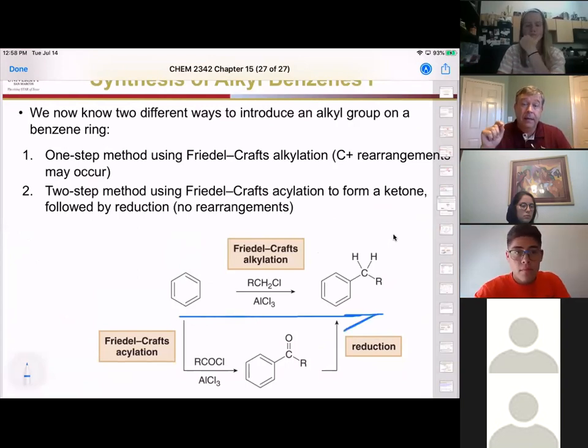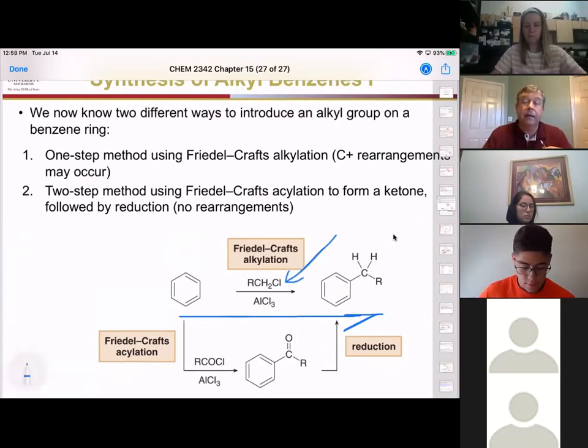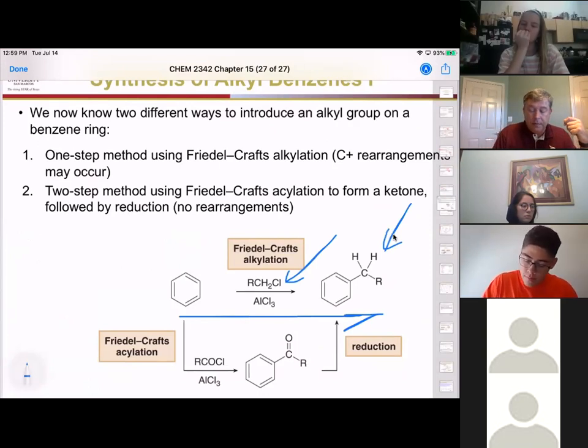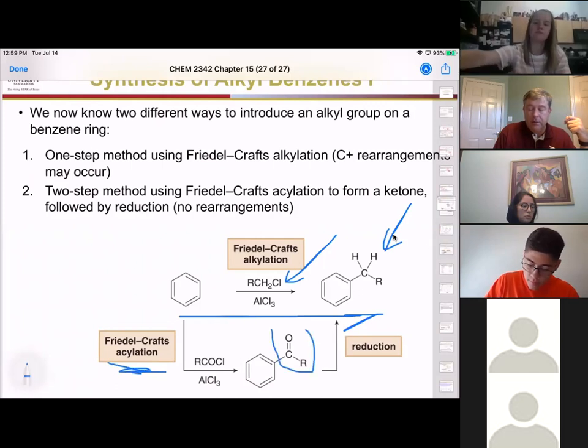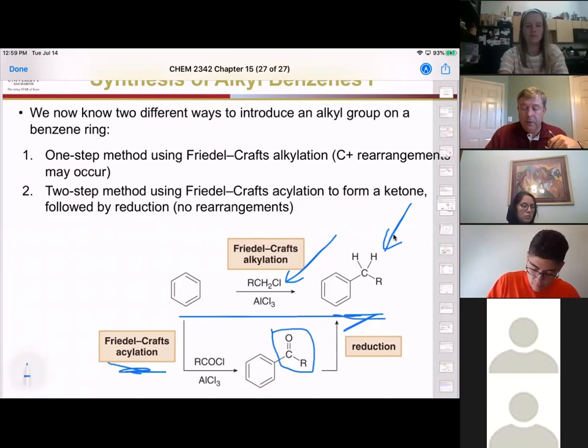However, if you have a substrate that can rearrange to form a secondary or tertiary carbocation, you will not form this as your major product. So the workaround would be to use the Friedel-Crafts acylation reaction to generate your ketone, then use either the Clemmensen reduction or the Wolff-Kishner reduction to get to your chain.